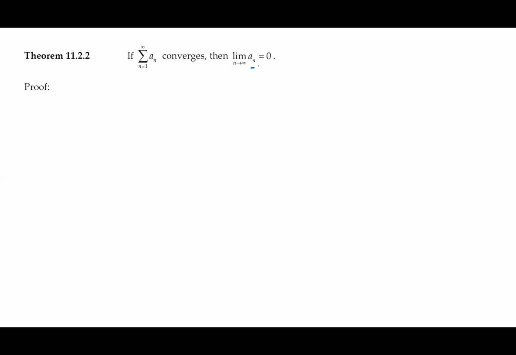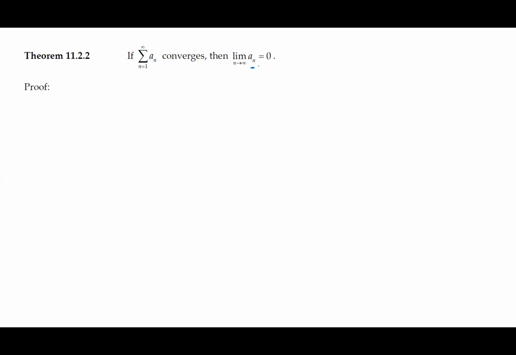If I'm telling you that the series converges, then that means as I add term plus term plus term plus term, those sums are starting to approach some finite value. Well, if I'm approaching some finite value, the things that I'm adding in each consecutive term should start to get smaller and smaller until they're essentially 0. And that's what this theorem says.